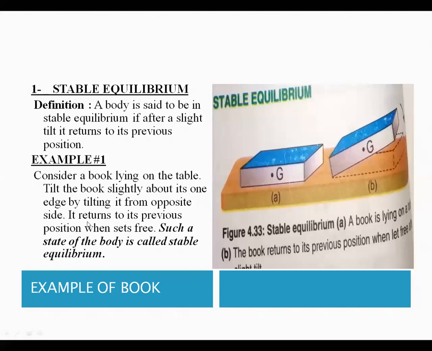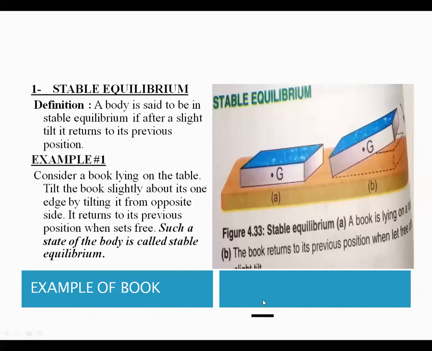If I release it, it returns to its previous position when set free. This is its original position. Such a state of the body is called stable equilibrium. So the example of the book is an example of stable equilibrium.